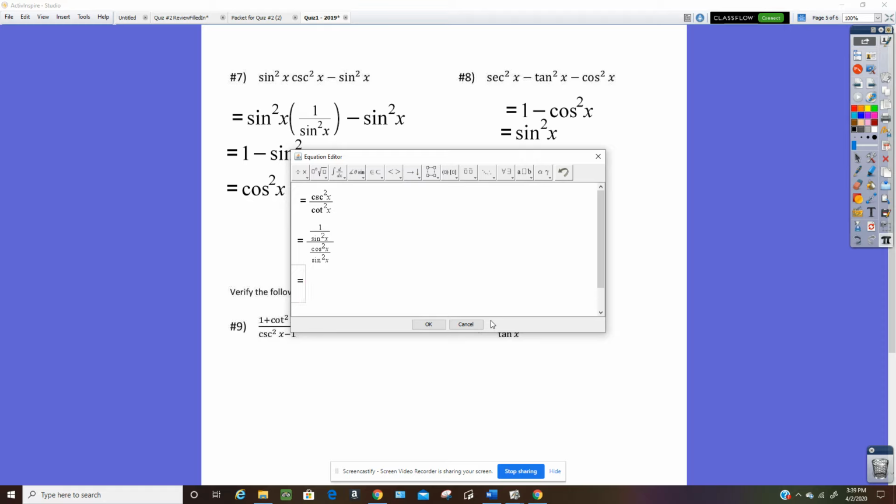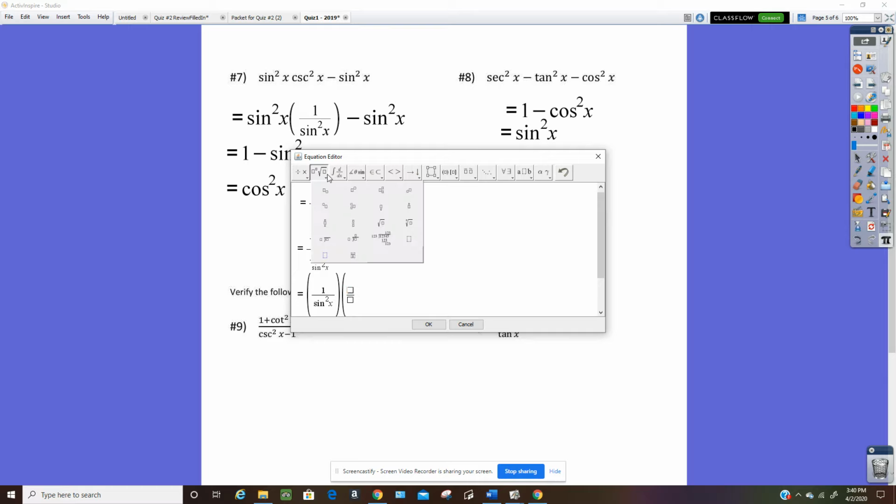And then you want to take this complex fraction and turn it into a multiplication problem. So you multiply by the reciprocal of this fraction, or ratio.